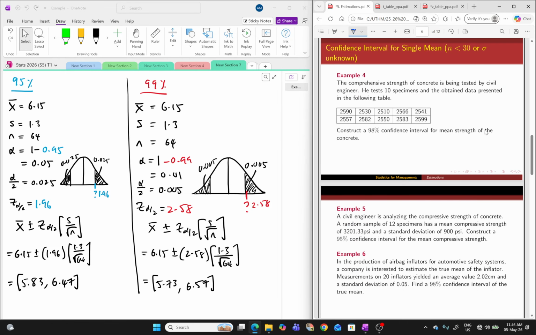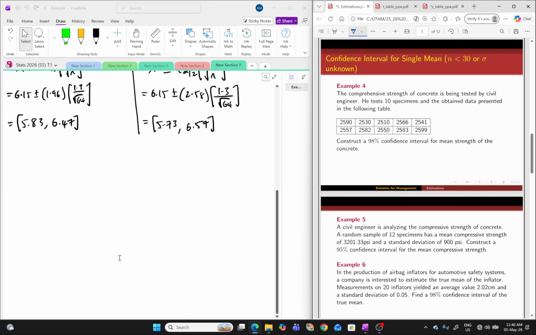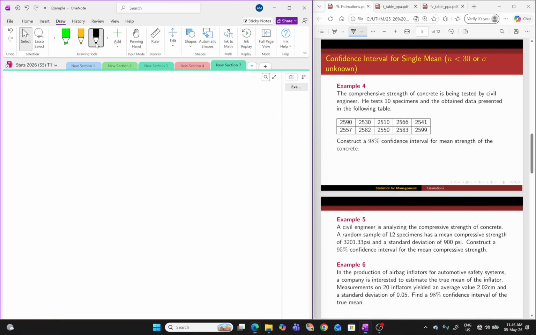Okay, now we are going for example 4 here. Example 4, sample size is less than 30, or population standard deviation is unknown.